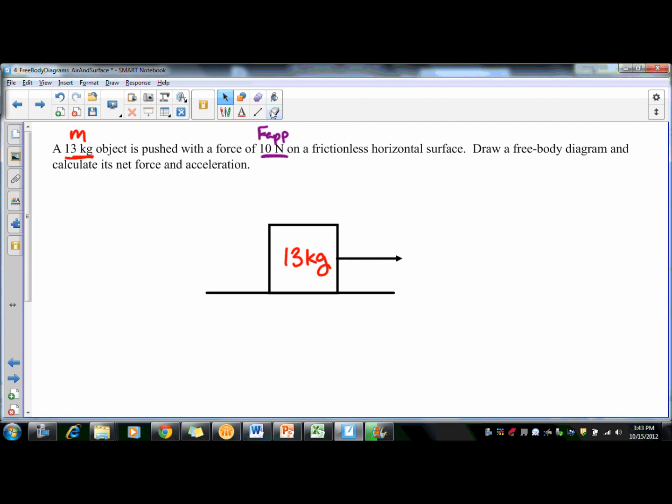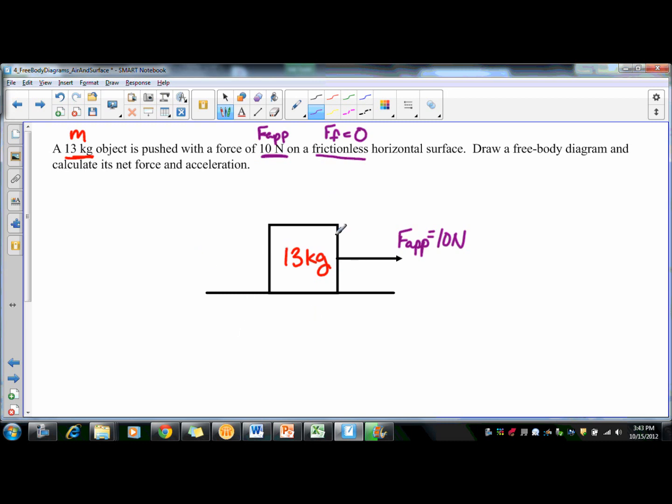There we go. So our applied is 10 newtons. Now, since it's frictionless, that means our frictional force is equal to 0. So there is no arrow going this way. So frictionless means no friction.